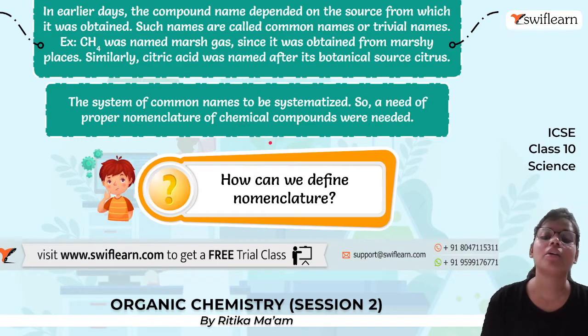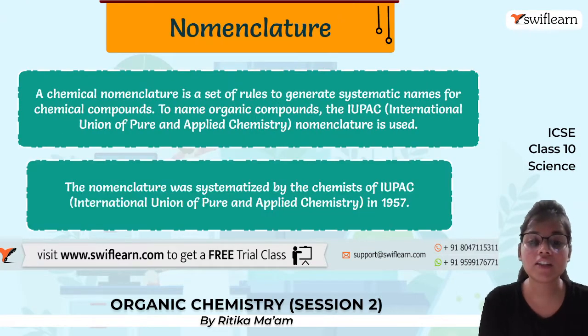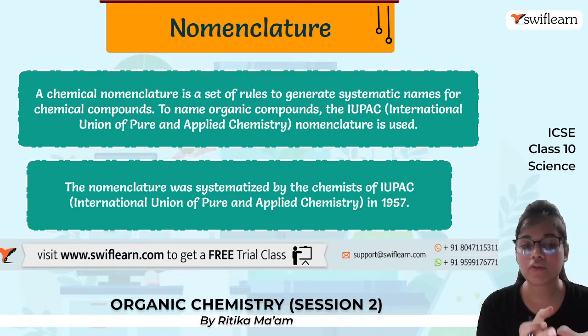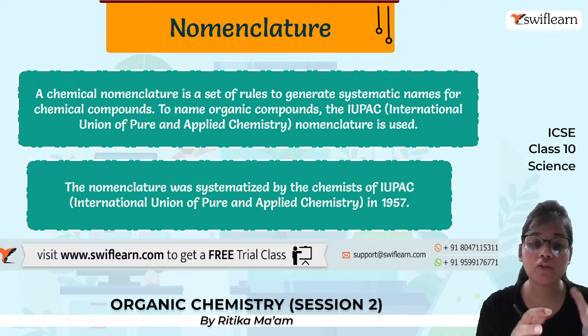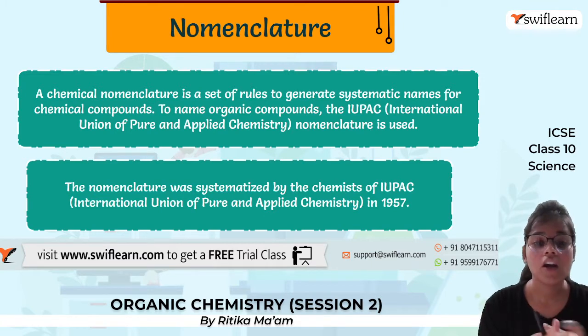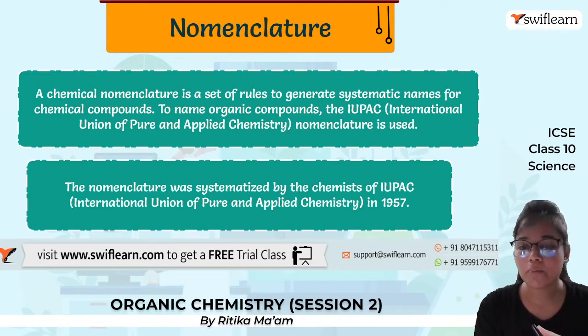Now, what is meant by nomenclature? A chemical nomenclature is a set of rules to generate systematic names for chemical compounds. So we have a set of rules to give names to different chemical compounds. To name organic compounds, the IUPAC nomenclature is used. What does IUPAC stand for?